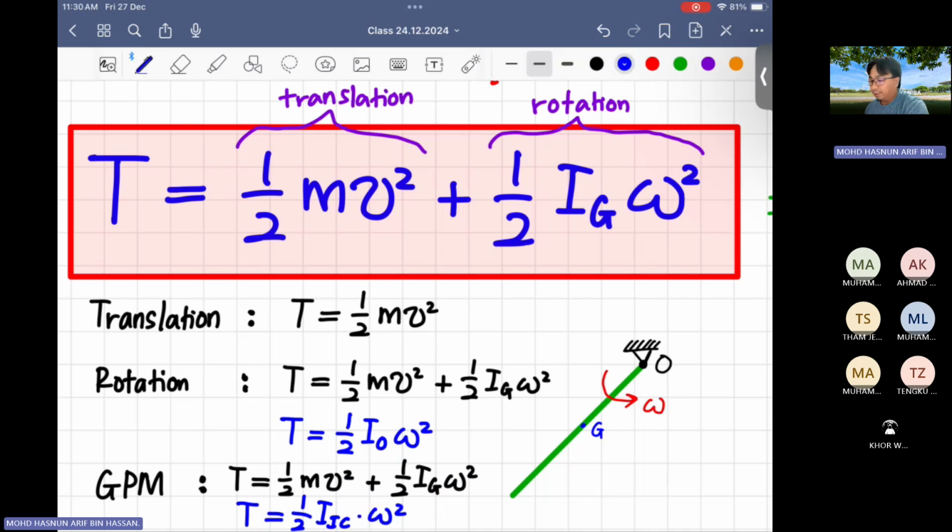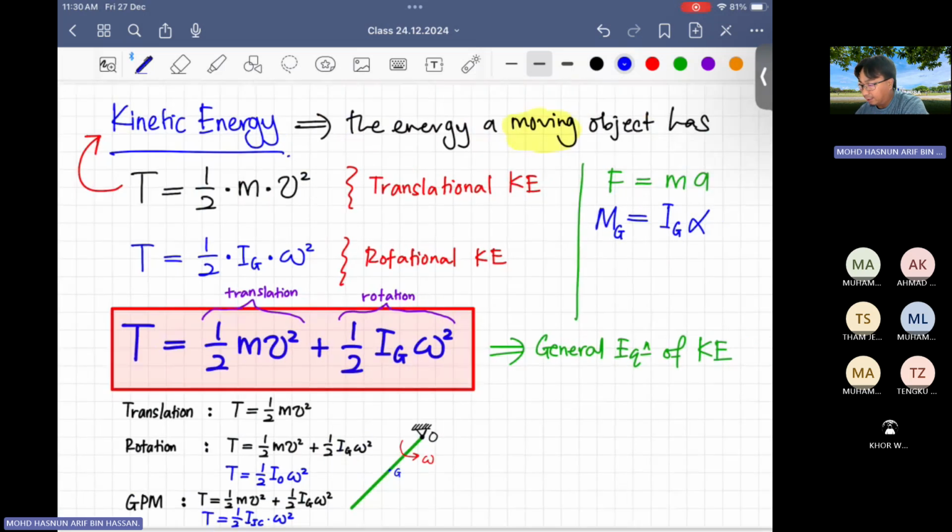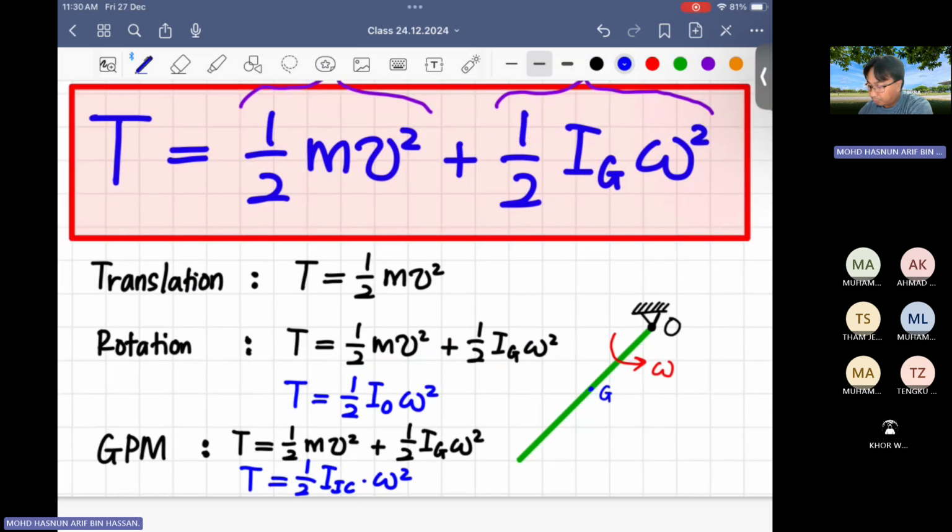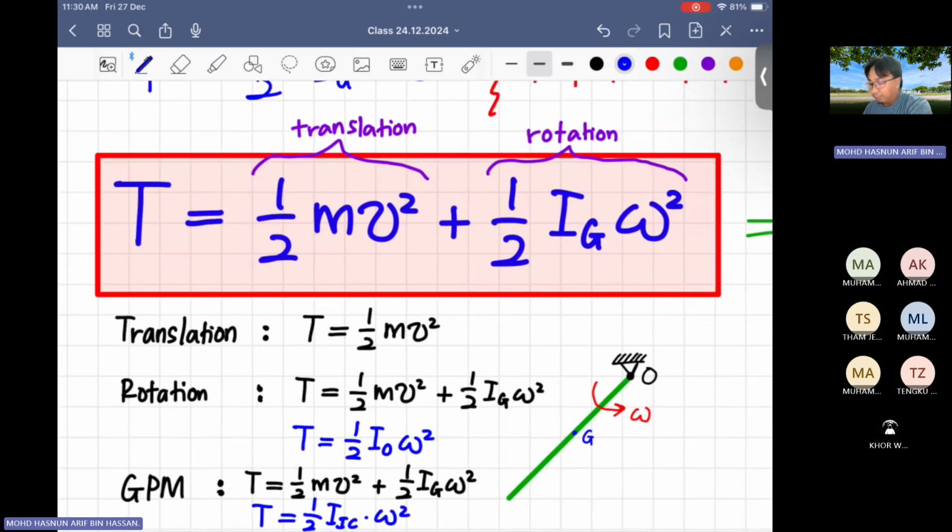So this is basically the formulas to calculate the kinetic energy. The general formula is 1 over 2 mv square plus 1 over 2 Ig omega square, but based on the types of motion, the formula you need to use might be different, whether it is rotation, translation or general plane motion.